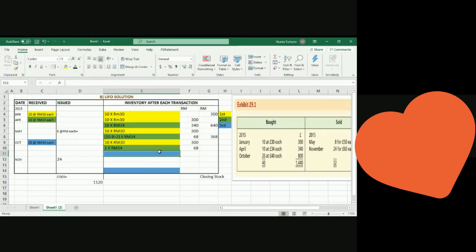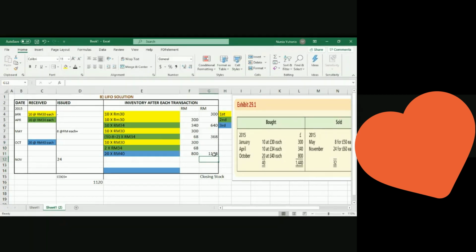Now you have additional stock in the new batch, the third batch, 20 multiplied by RM 40. So how much? 20 multiplied by 40 is 800. So you put 800 here, and the total here will be 1168.